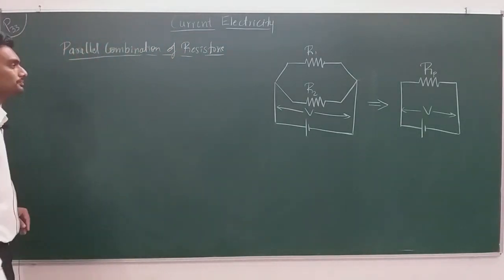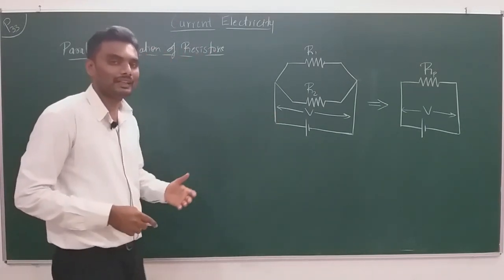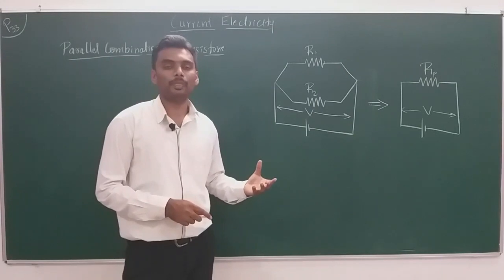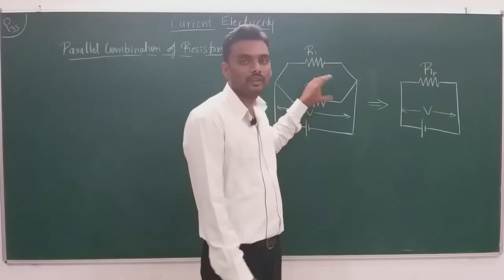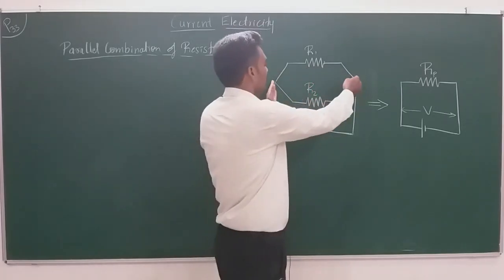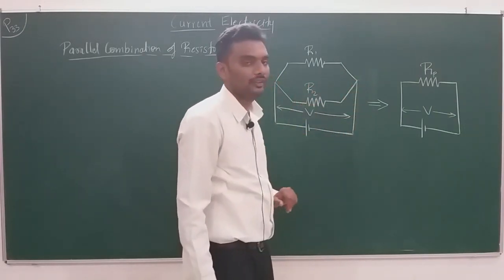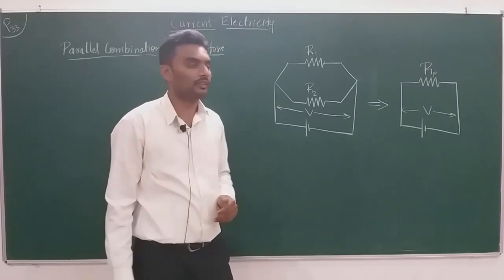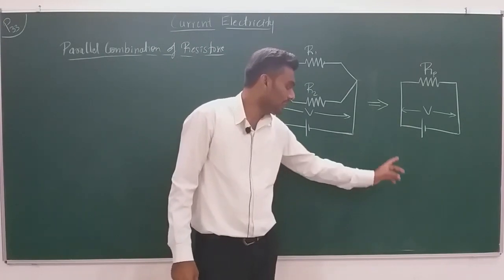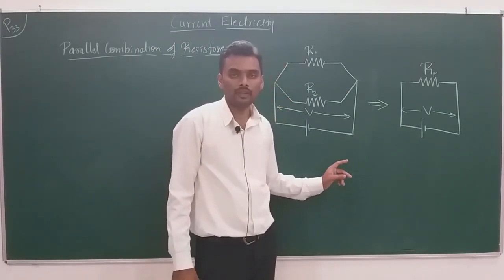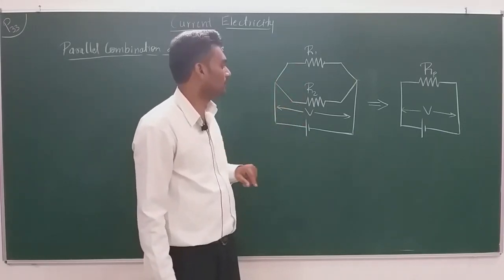Now, when you connect resistors or any electrical devices in parallel, the voltage or the potential difference across the ends of the components remains the same, because they are connected to the same terminal point here, and hence V remains the same. But as we just showed you with the example of water flow in two pipes, current differs from this part of the circuit to this part of the circuit.